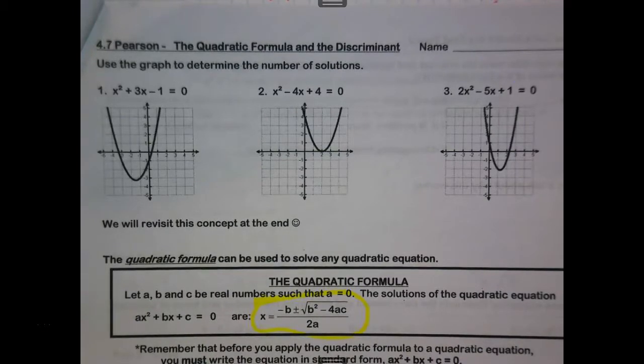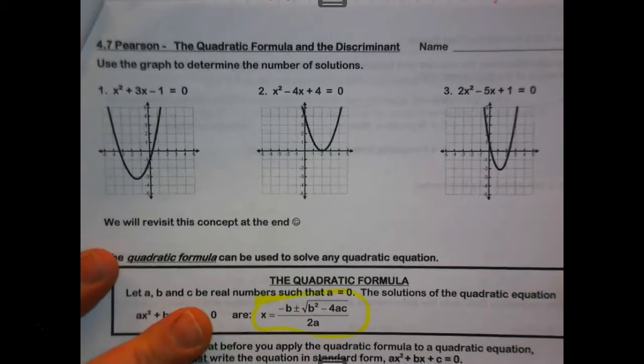Now, as I explained earlier in the year, how many possibilities are there for an x-intercept when we are talking about a parabola? Well, we can have up to 2. That's what the fundamental theorem of algebra tells us.